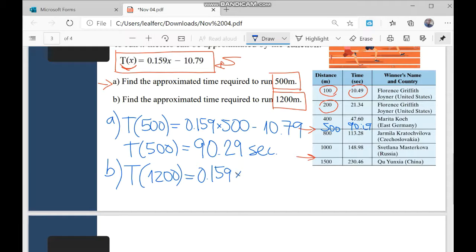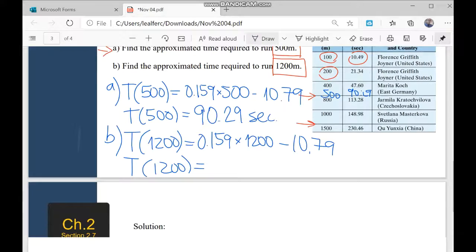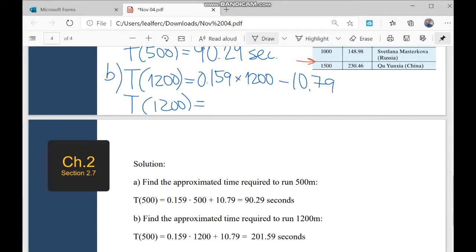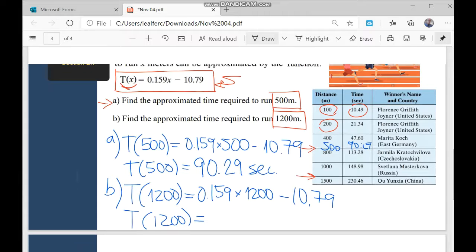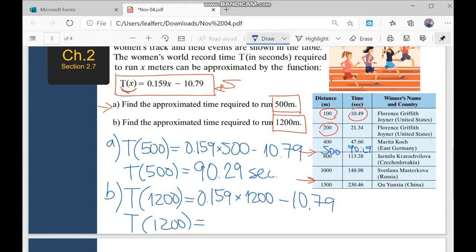0.159 times 1200 minus 10.79. That means T(1200) equals 201.59. 201.59 seconds.